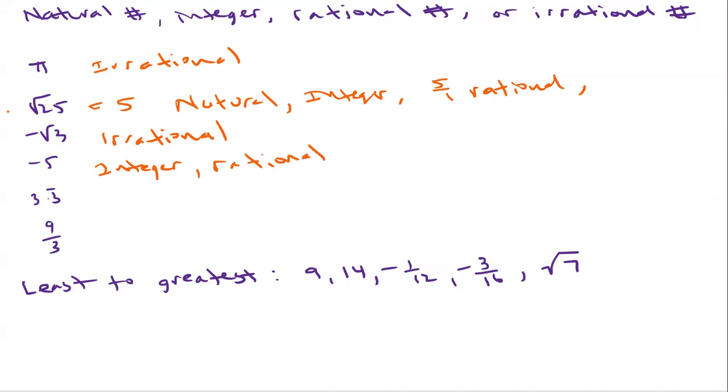The next one, if it's repeating, that's a rational number. Number 3, well, that can be reduced to 1/3. I'm sorry, 9/3 is 3. So that'll be an integer, okay? Or a rational number, because again, I can write it as a fraction. And natural number.